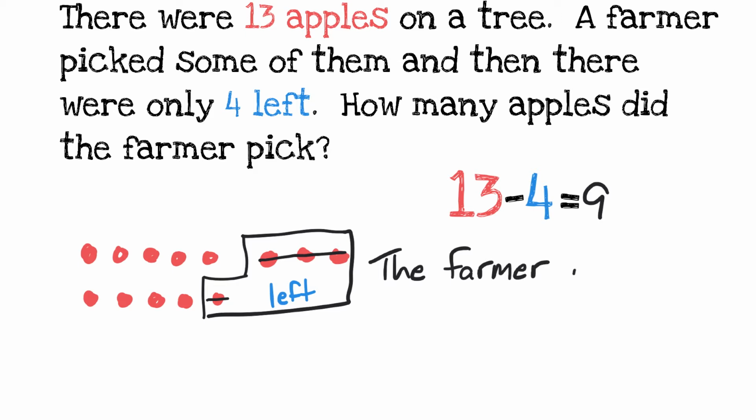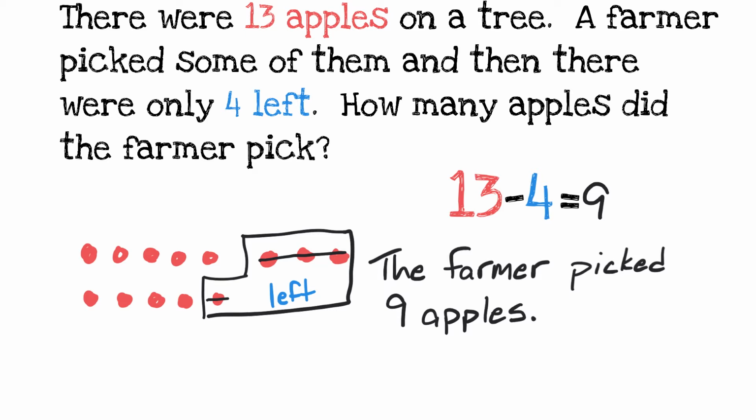So the farmer picked, P-I-C-K-E-D. The farmer picked 9 apples. A-P-P-L-E-S. And then, of course, our period at the end.